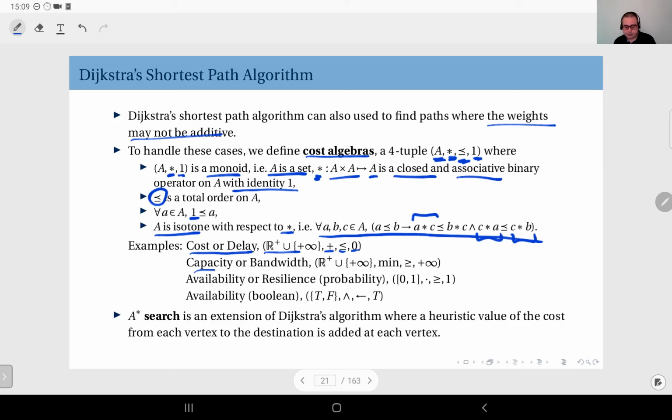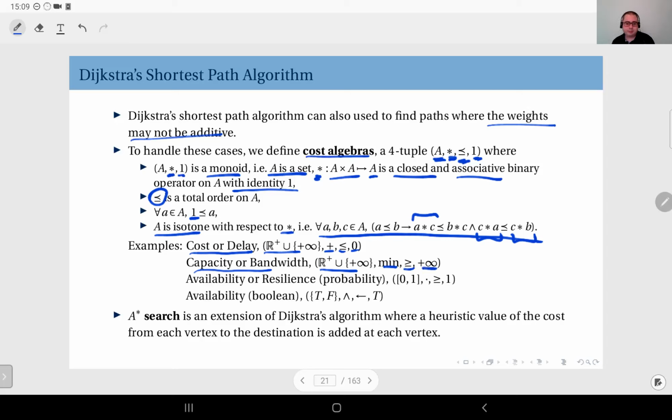In the capacity problem, you have again the same set, but now the operation is not addition but the minimum operator. The result of the operation gives you not the sum, but the minimum of the 2 elements. And now the total order is greater than or equal to. It goes the other way around, and therefore the minimum element is plus infinity.